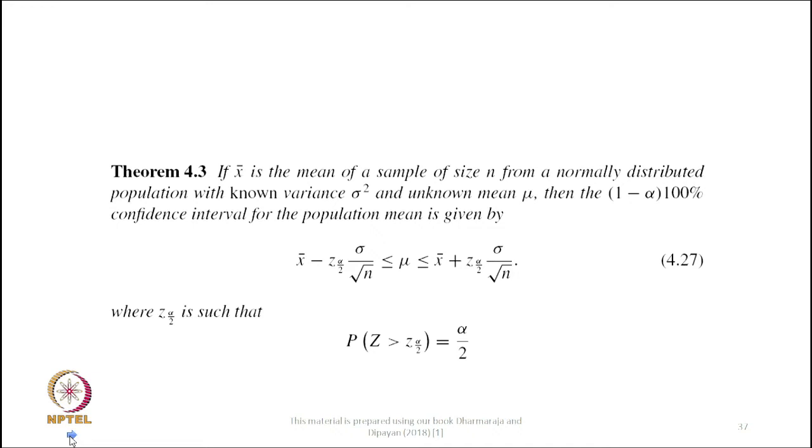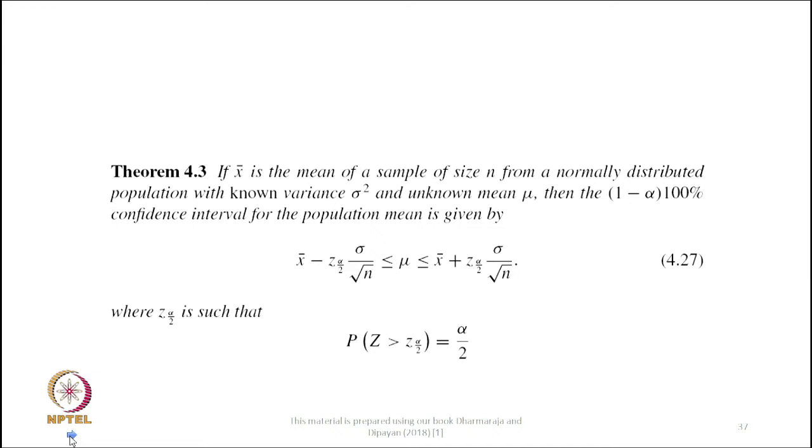Obviously, you can immediately make out the sample mean is going to be the point estimator for the population mean mu. But now, we are going to give the interval estimation for the unknown parameter, which is the population mean, with 1 minus alpha 100% confidence.